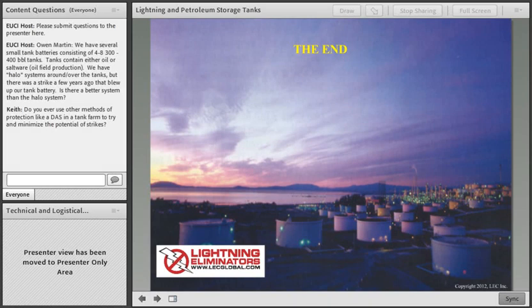I'm going to assume that by halo system you mean a wire or series of wires suspended between poles so that the wires are hanging in the air above the tank. This type of lightning protection system is also called an overhead shield wire or overhead ground wire.